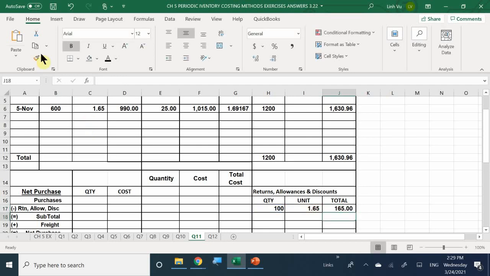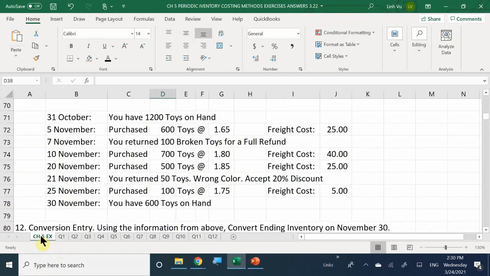So once again, you can choose to enter it in here, but at the end of the day, does it matter? No, because we're going to calculate our goods available later on. So let's go ahead and move on to the next one.